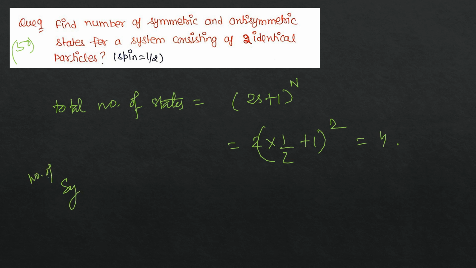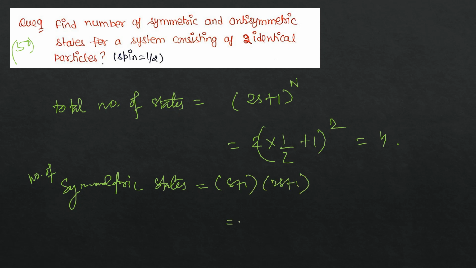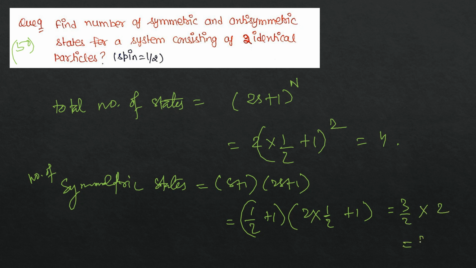Now the number of symmetric states will be equal to (s plus 1) into (2s plus 1), right? So that will be (half plus 1) into 2, 3 by 2 into 2, that is 3.